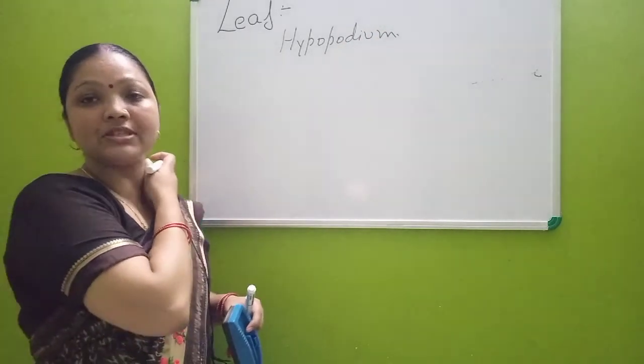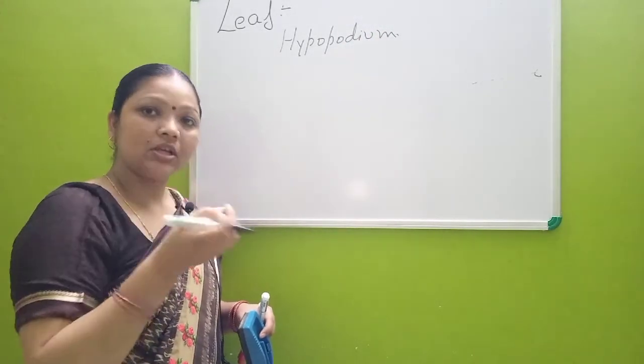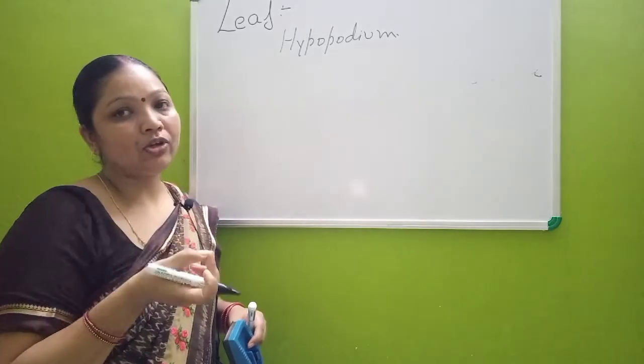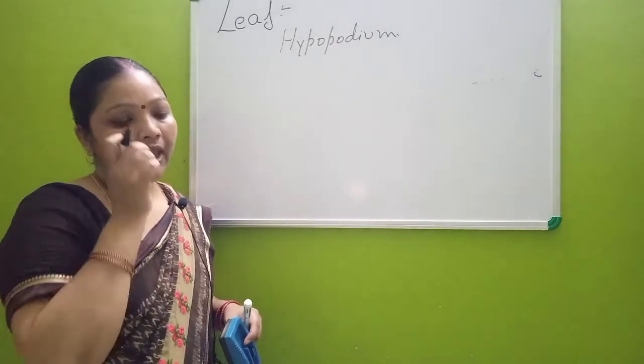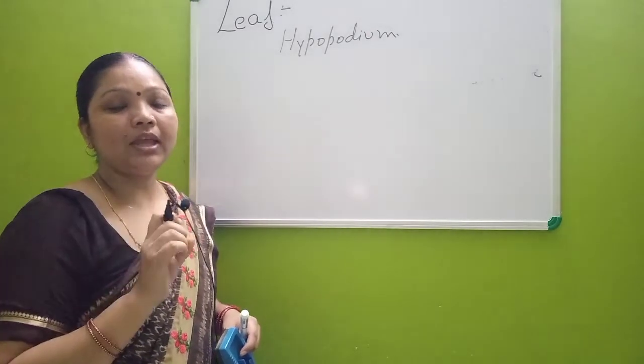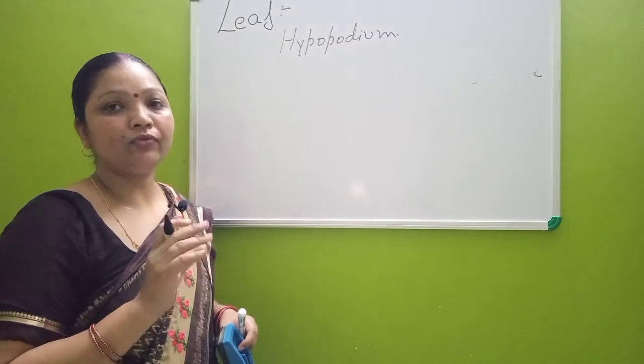So hypopodium is the part that is attached to the stem. That is the part of the leaf that is directly attached to the node of the stem. And the hypopodium can generally be of two types.